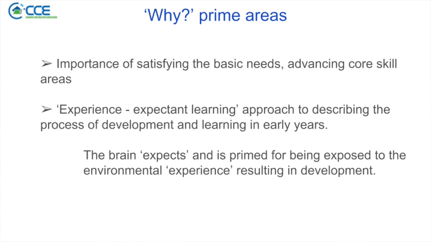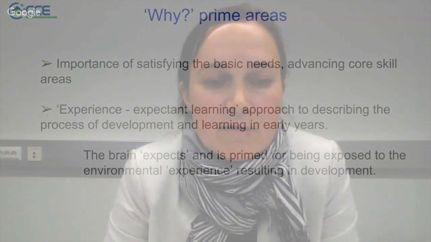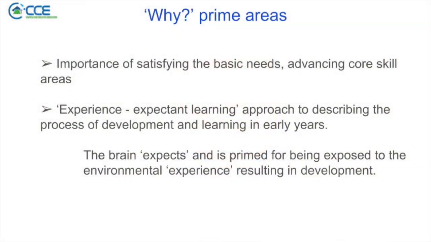And secondly, again, related to the findings on brain studies, we talk about prime areas because if we meet the expectations of the brain in these three prime areas, then we will set up a very steady foundation and platform for developing specific areas that I will talk about in the next session. So this is why we talk only about these three prime areas.